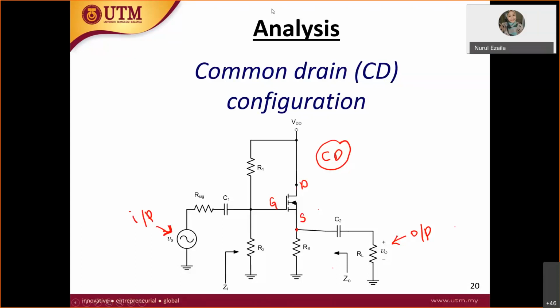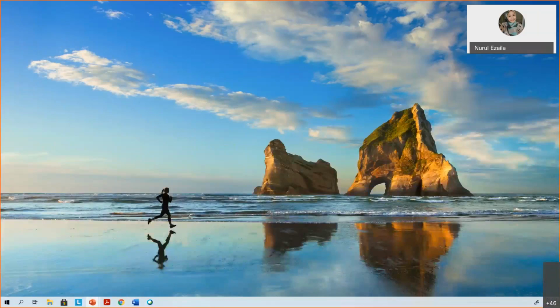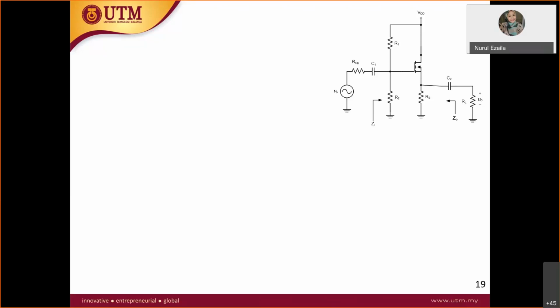Now let us analyze the AC equivalent circuit for this one. Here, this is your gate, this is your drain, this is your source. So this is the common drain.